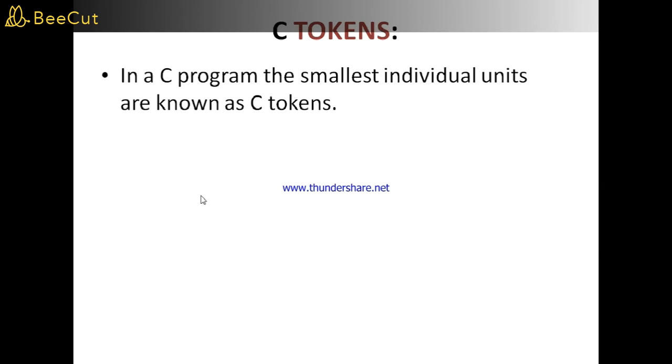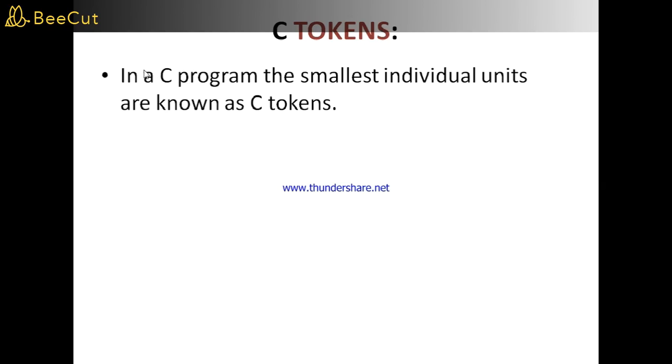So the smallest individual units are known as C tokens. While writing a passage in the English language, it contains text, individual words, and it may contain punctuation marks. Totally they are called tokens.